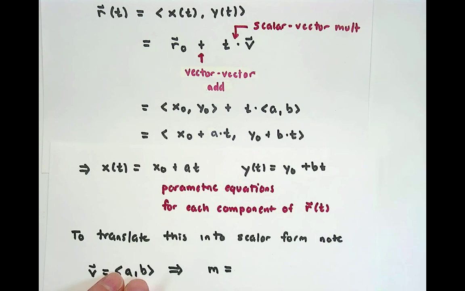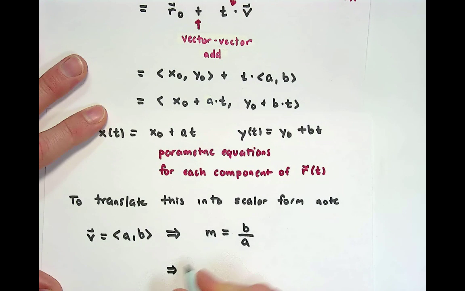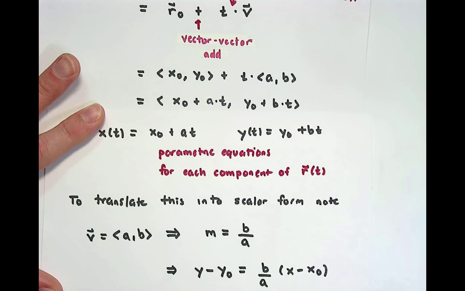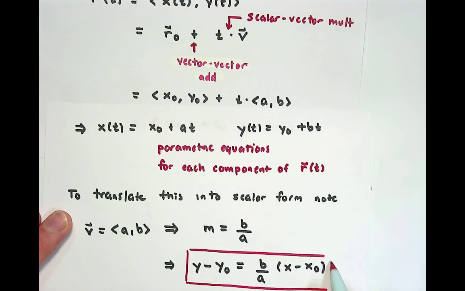If we go a units to the right and b units up or down, then the slope would be b divided by a, which implies that the point slope form of the line would be y minus y naught equals m, which we just said was b over a, times x minus x naught, which is really exciting because this allows us to go from the vector description to the scalar description.